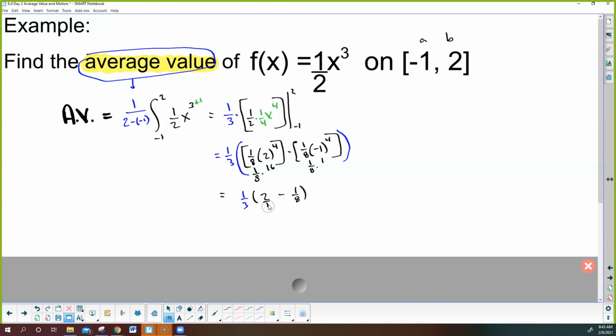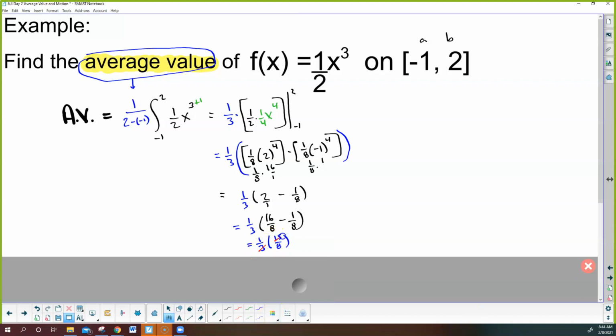I need to make this denominator an 8. So I'm going to times by 8 top and bottom, which is 16/8, which I could have just left as is here. So then I get 1/3 times 15/8, right? 16 minus 1. And then what I would do is I'd say, you know what?